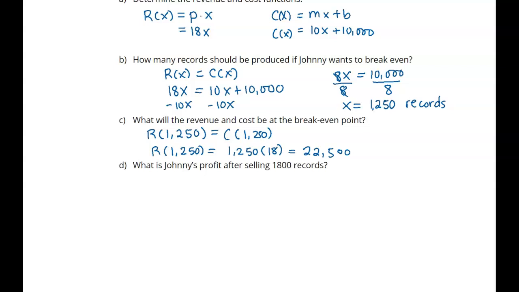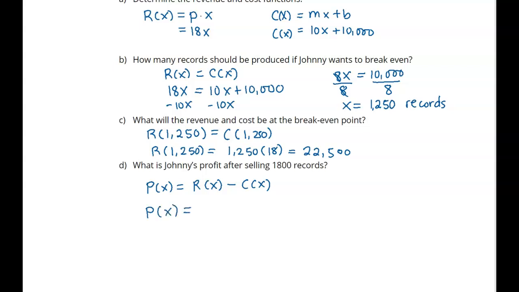And then lastly, we want to compute for Johnny's profit after selling 1,800 records. To do this, let us first set up our profit function. So the profit function P of x is just equal to the revenue function R of x minus C of x. And then after that, we are going to evaluate our profit function at 1,800.